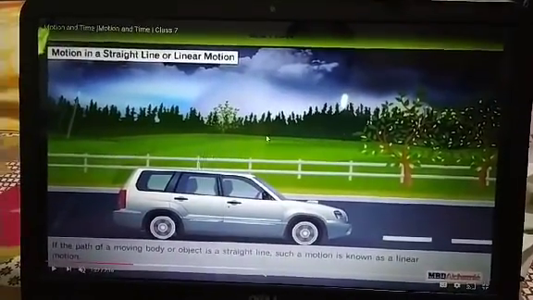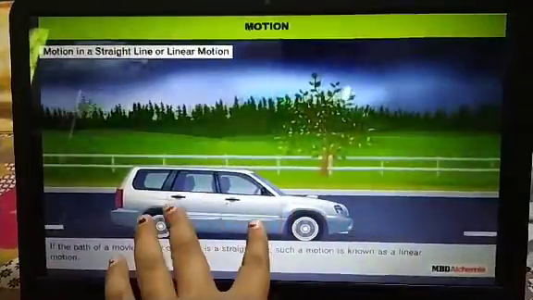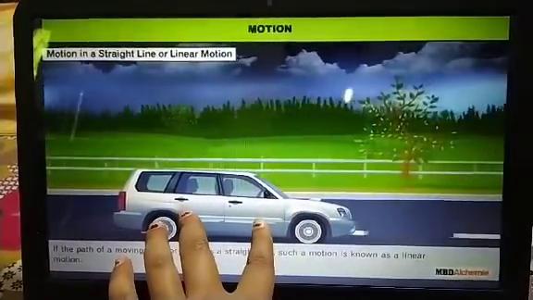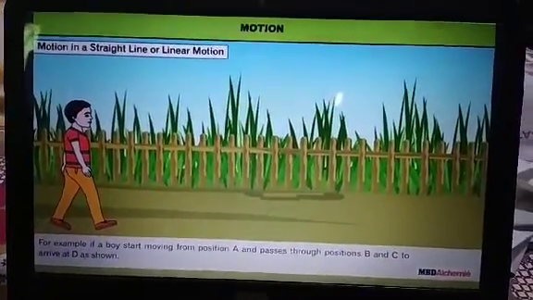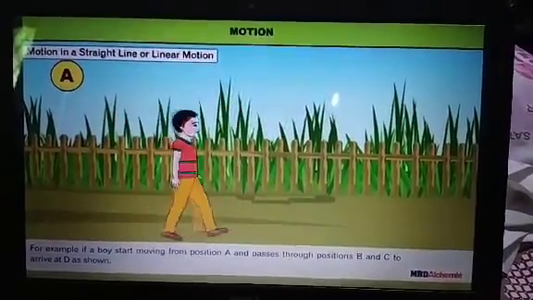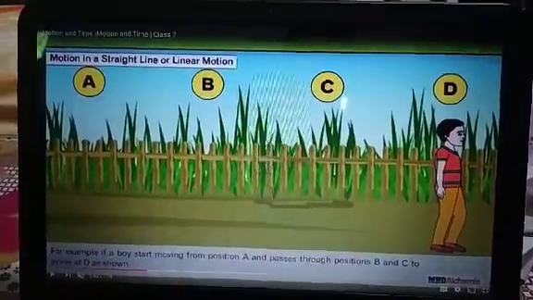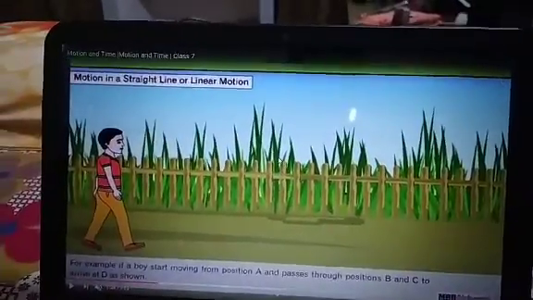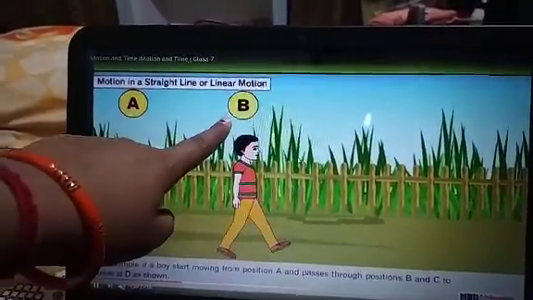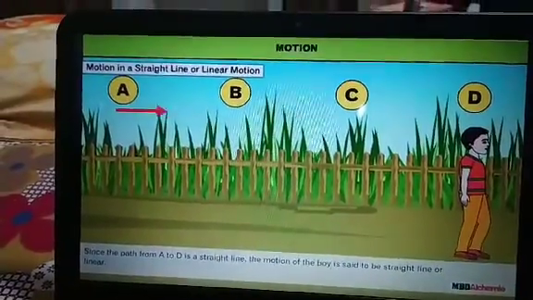It means, just look at this car. This car is moving in a straight line. Which motion is it showing? It is showing a linear motion. Just look at this person. He is moving straight through points A, B, C and D. Earlier he was at point A. Just look at it. Now point B, then point C, then point D. Clear?